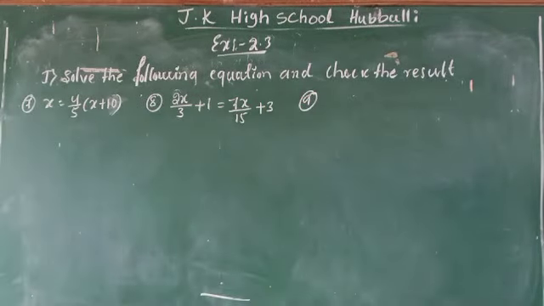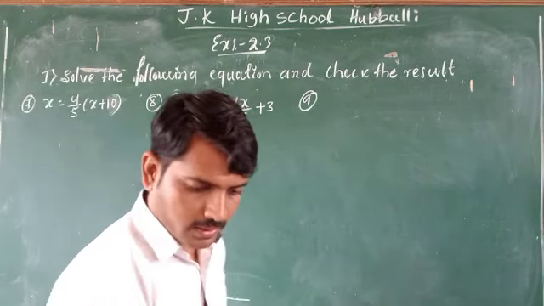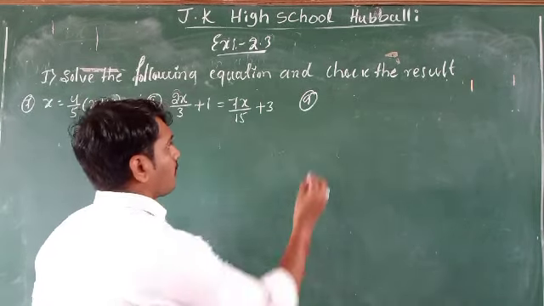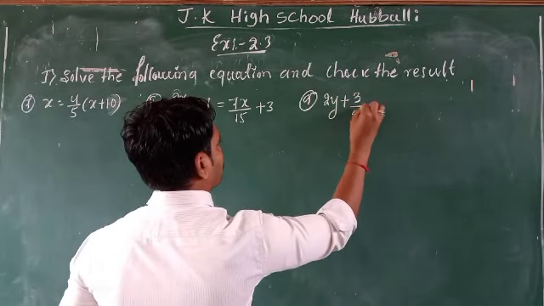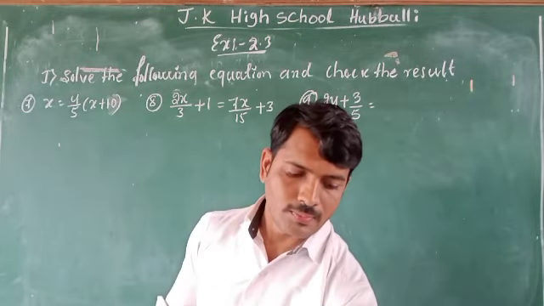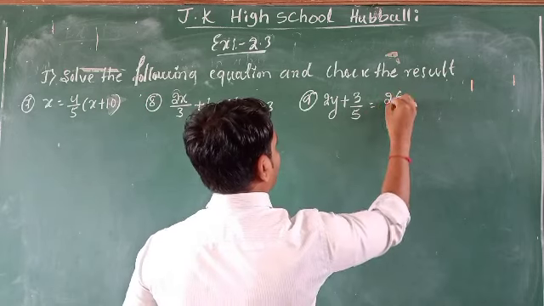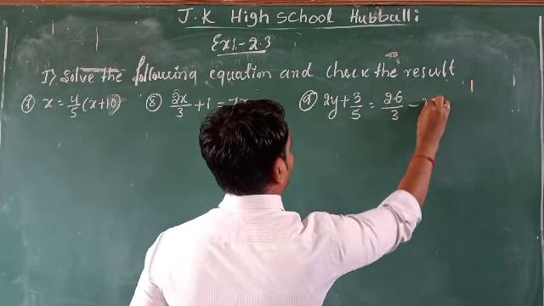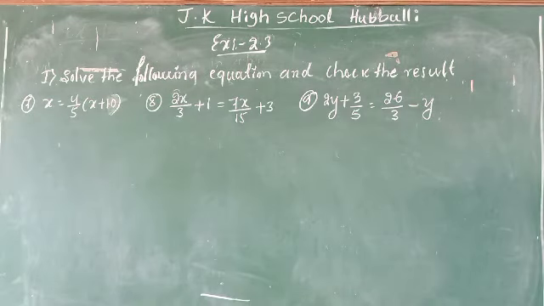Question number 9. 2y plus 3 by 5 is equal to 26 by 3 minus 1. Okay, we'll solve one by one.